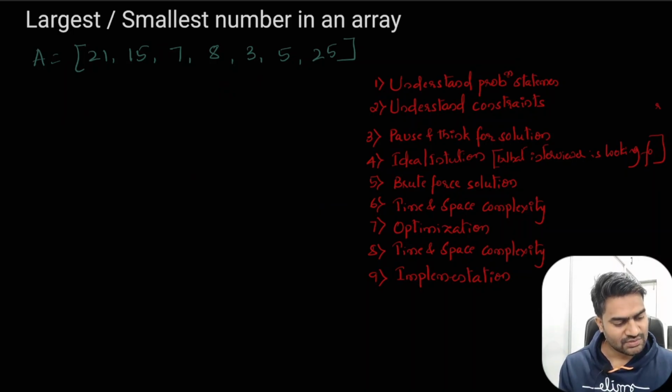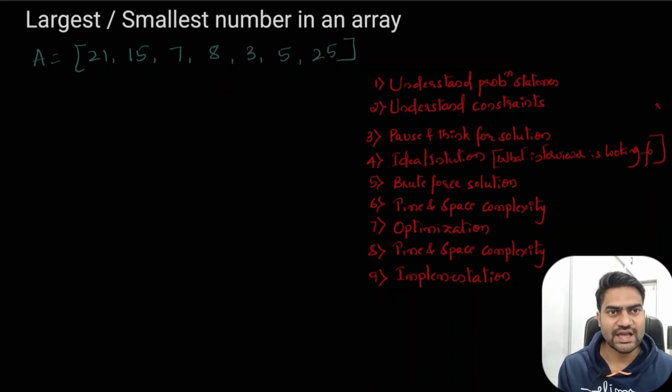Okay. So now, what is the idea or the intuition behind this? Why does the interviewer want to find the logic behind this problem? Here the numbers given are not in sorted order.